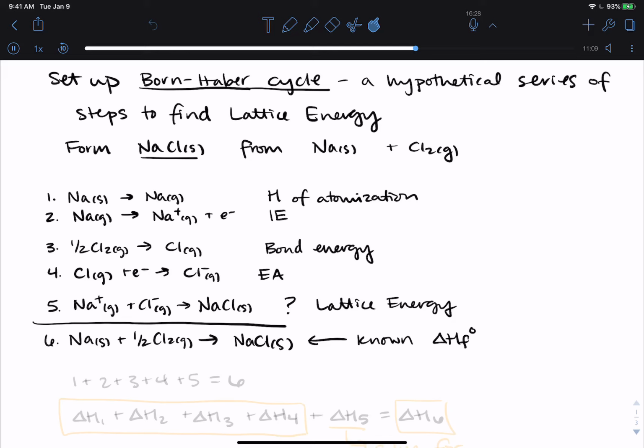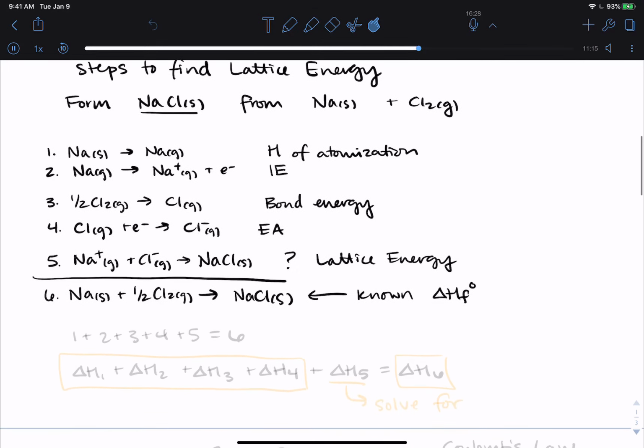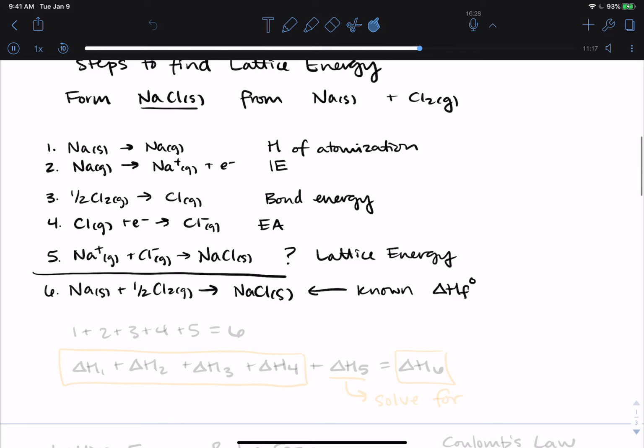Now, I didn't write it down, but I mentioned Hess's law. Well, if I add reactions 1 through 5, right, 1 plus 2 plus 3 plus 4 plus 5 equaled reaction 6.